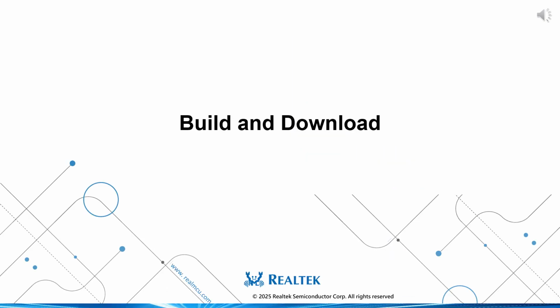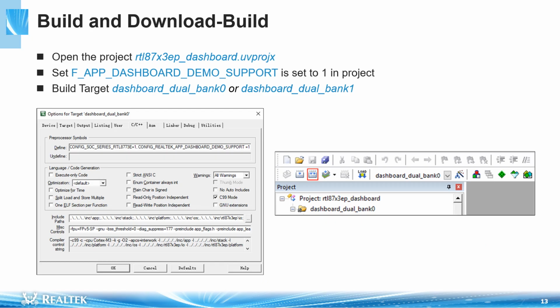After the feature configuration is done, we can proceed to the build and download phase. 2 critical notes for building. First, the project is located in the EVB RTL8763 EP dashboard directory. Second, ensure the dashboard demo support macro is predefined in the preprocessor for feature configuration to take effect.